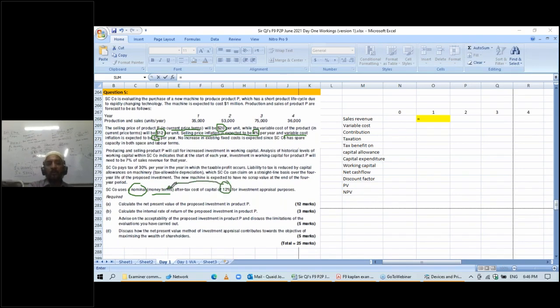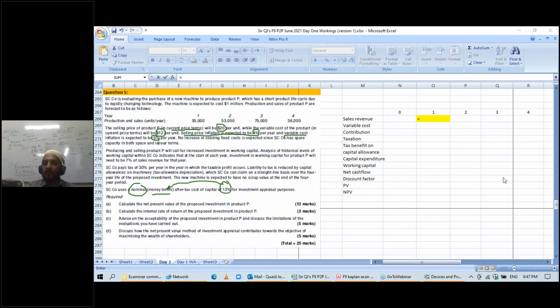As the inflation rates of various items in the question are different, you have to adjust the cash flows for inflation, meaning you increase the cash flows because prices in future will increase. I'll show you how to do the working for inflation.